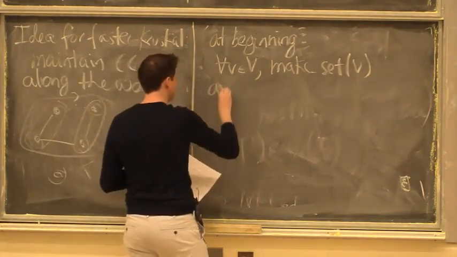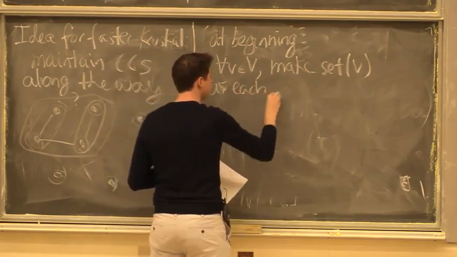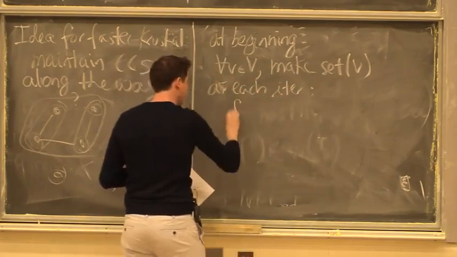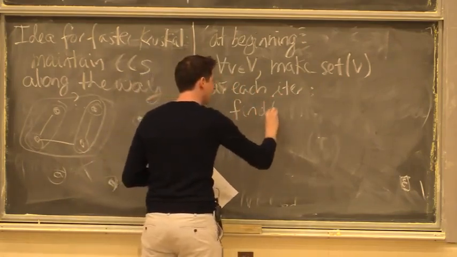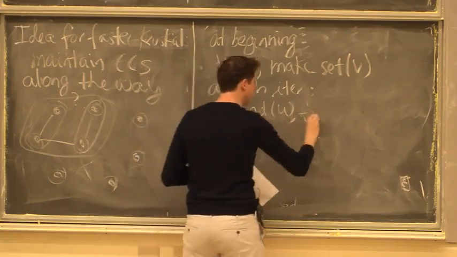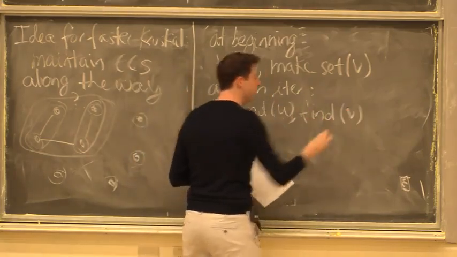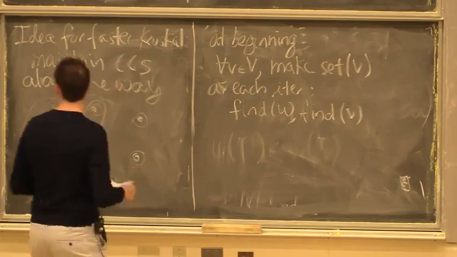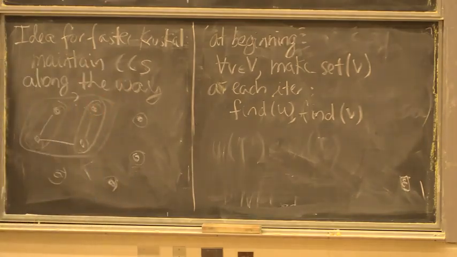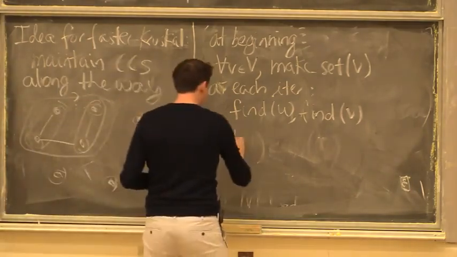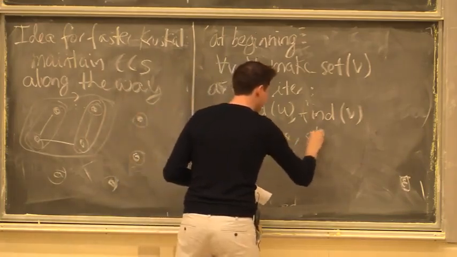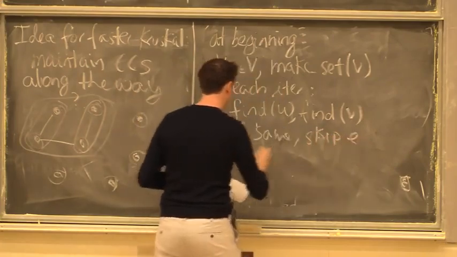Then at each iteration, we're going to find u and find v. This will look up the connected components of u and v. If they're the same, we're going to skip e.